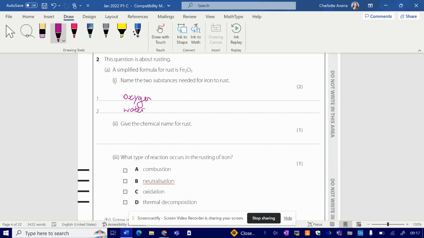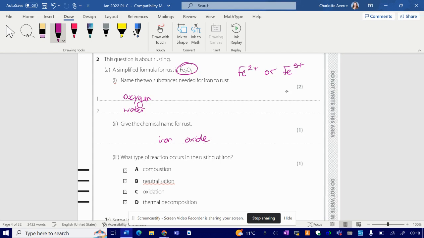The chemical name for rust we can get from the formula. Okay, so we've got the formula up at the top, it is going to be iron oxide. Now, it would be good to give a bit more detail in our answer here, because as we know, iron can be Fe2+, or it can be Fe3+ as an ion. So here we're going to work out which one it is.